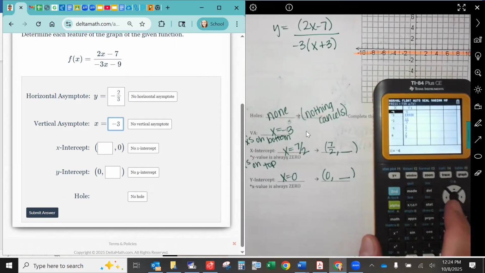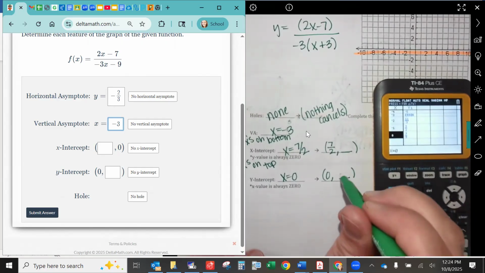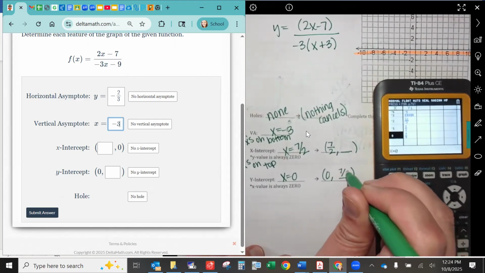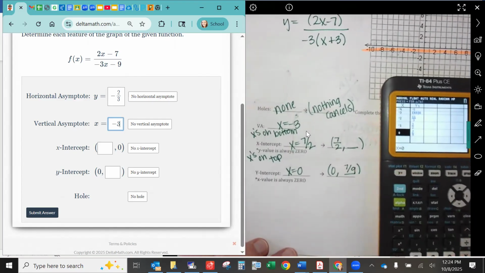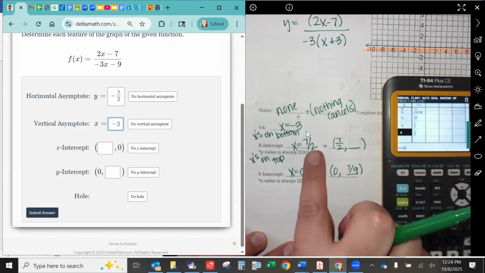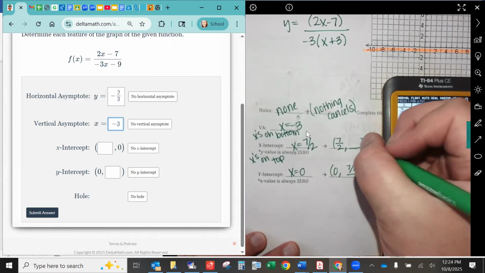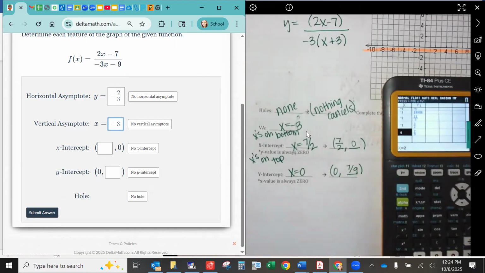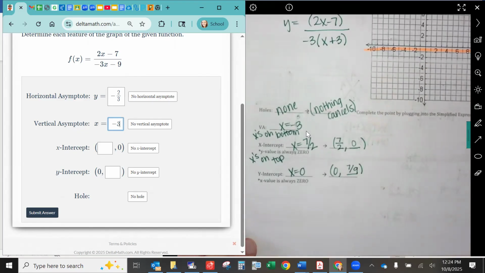And then I see that 0's partner is a 7/9. And then you should have noticed the pattern that for your x-intercepts, the y always comes out to a 0. So I won't see 7/2 in my table, but I know the partner's a 0. So for your homework now, you should be able to just type those in.